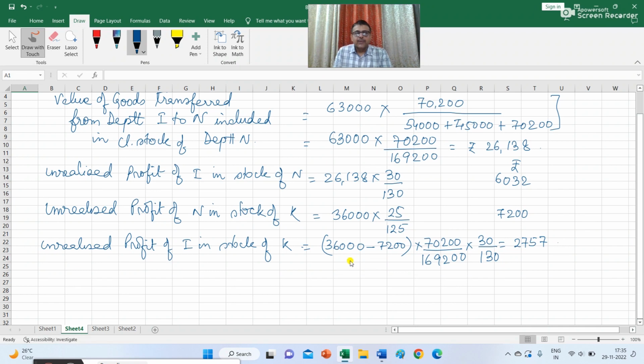So this is the most important part of your working: the unrealized profit of Department I in the stock of Department K is equal to 36,000 minus 7,200.